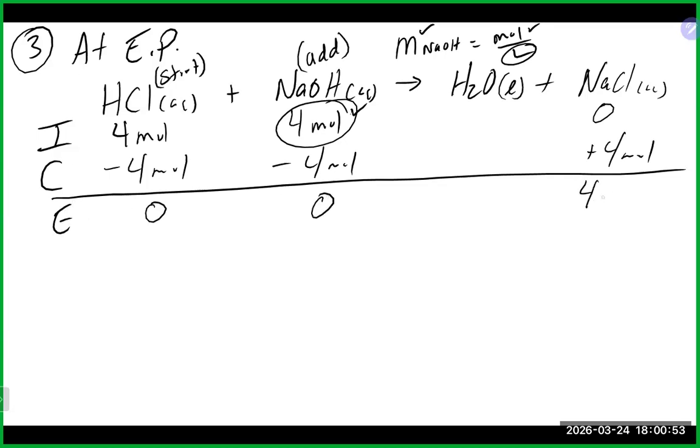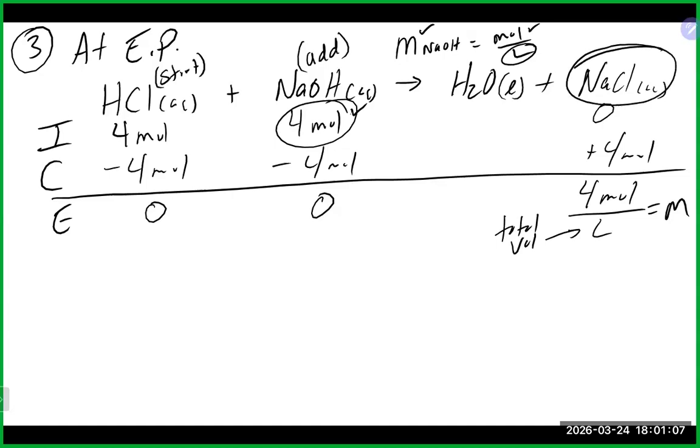We got 4 moles here. Once again, we can use our total volume here and convert back into molarity. And at this point in the titration, once we reach the equivalence point, again, if you're not sure, you can take a look at your ice table to help you out.